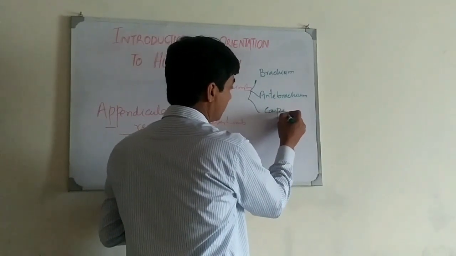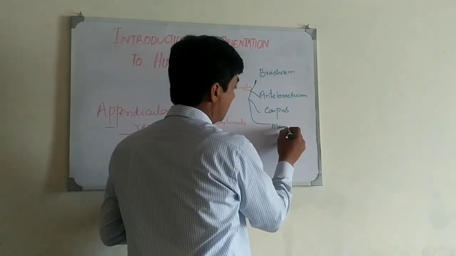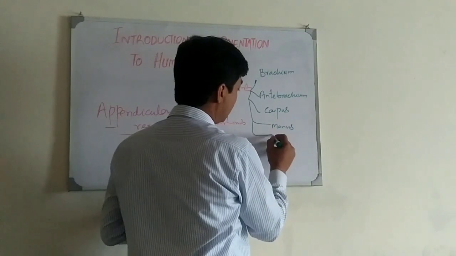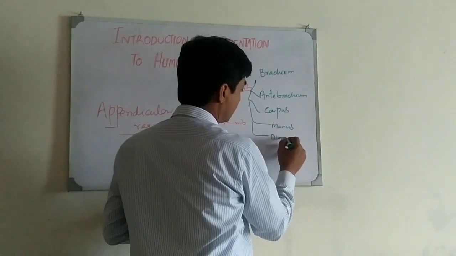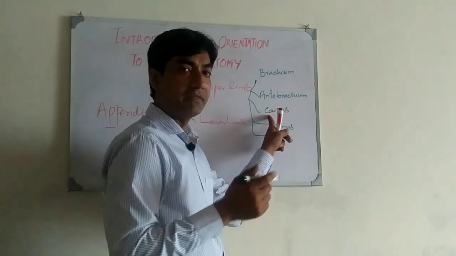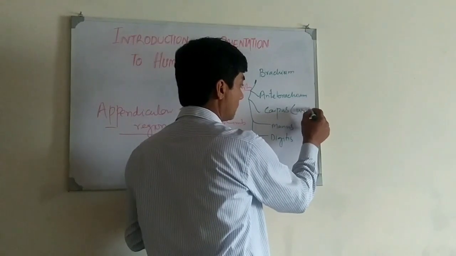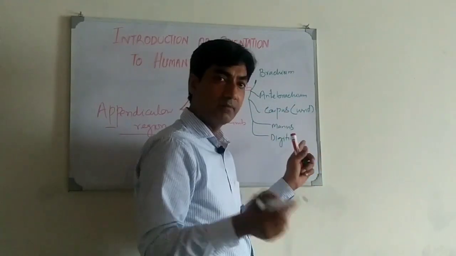carpus, and then manus, and then digits. Carpus is at the wrist joint, also called the wrist. Manus means hand.